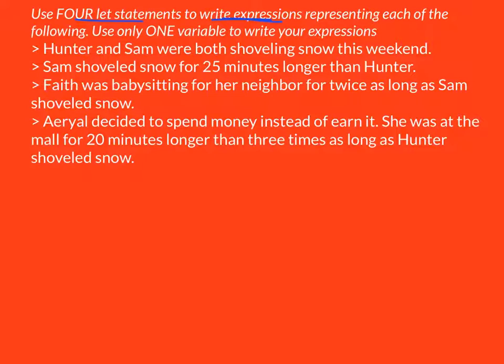Okay, so it tells us Hunter and Sam is shoveling snow, really extraneous information that we don't need. Sam shoveled snow for 25 minutes longer than Hunter. So which one do we need to know first? Technically, you could go with either one, but of course we want to go with Hunter first because Sam is 25 more than Hunter.